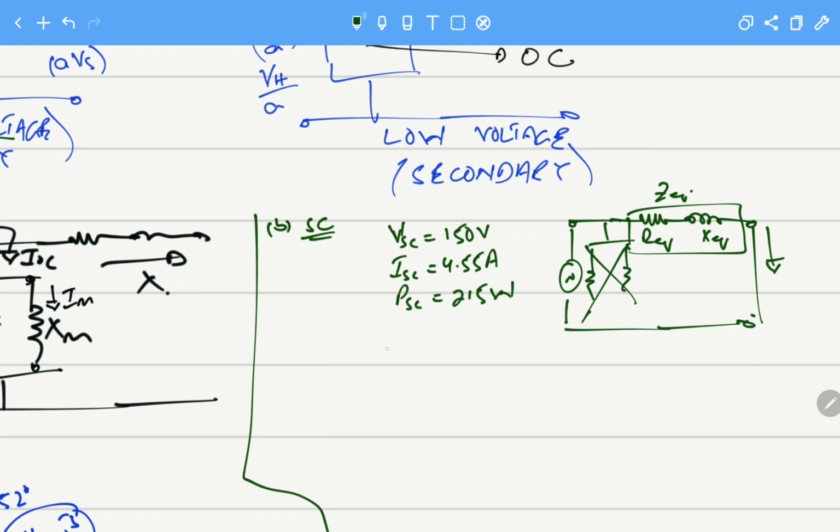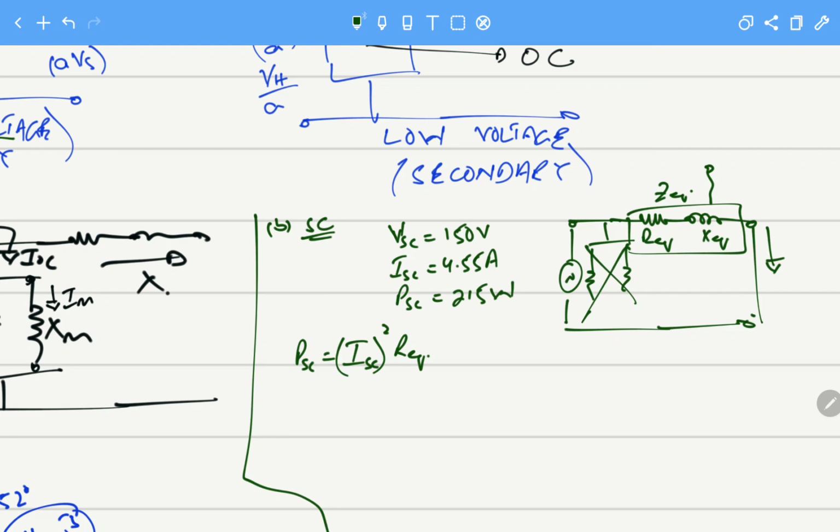So Z equivalent can easily be calculated by Ohm's law. We know the power that is being lost here is P short circuit. P short circuit equals I short circuit square into R equivalent, reflected across the resistance.